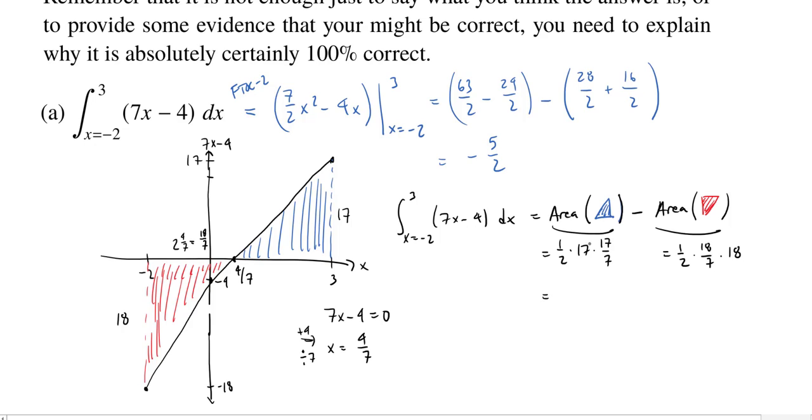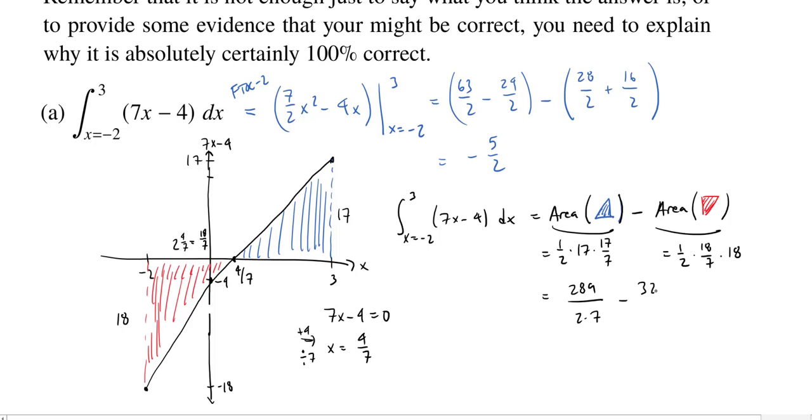Okay, so let's see, 17 times 17, that's 289, over, well, I'm just going to maybe leave it as 2 times 7. I know it's 14, but let's see what we have over here. 18 times 18, that's 324.